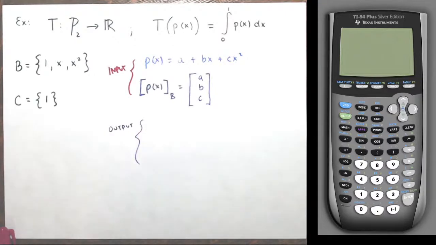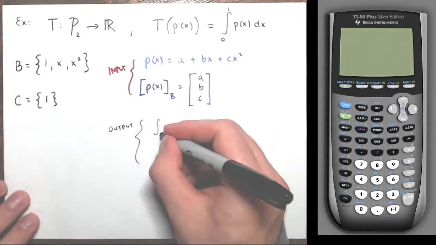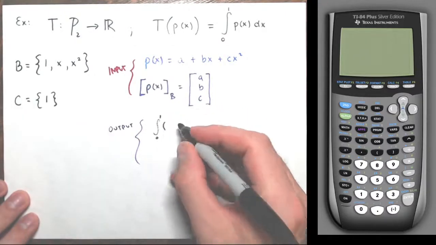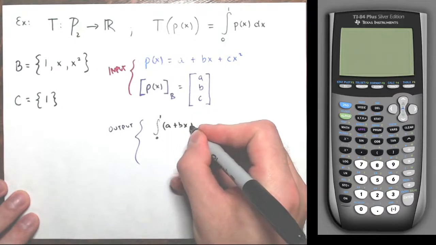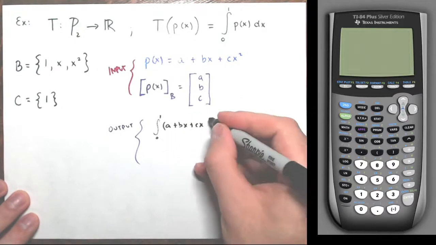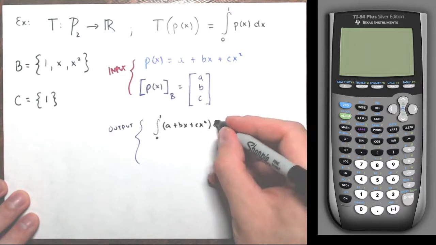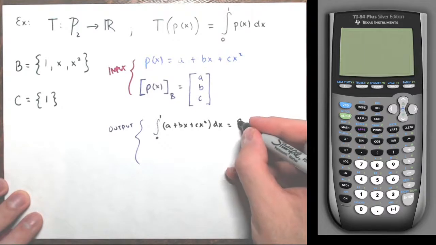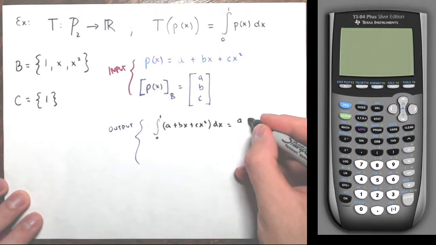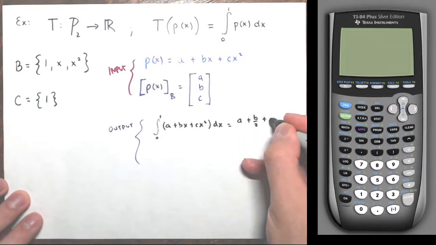Right, so this is the integral from 0 to 1 of p of x, the integral from 0 to 1 of a plus bx plus cx squared dx, and that would be equal to a plus b over 2 plus c over 3.